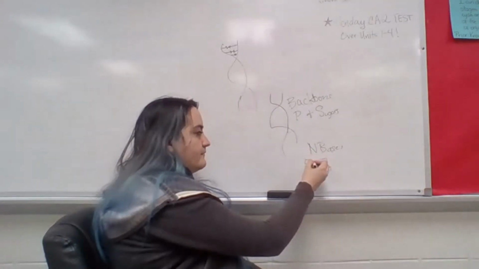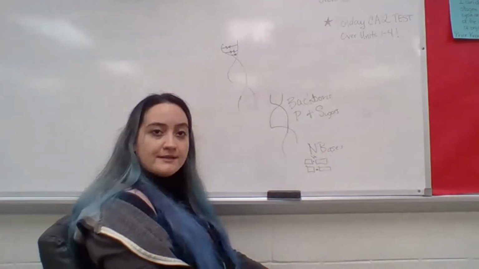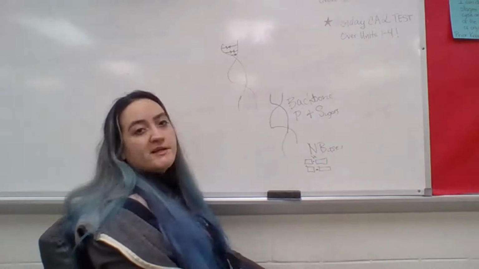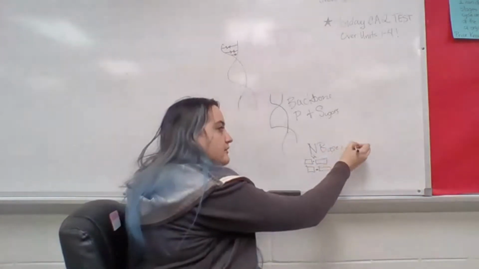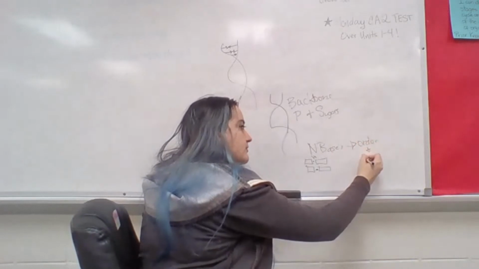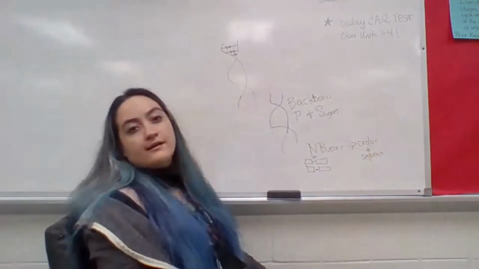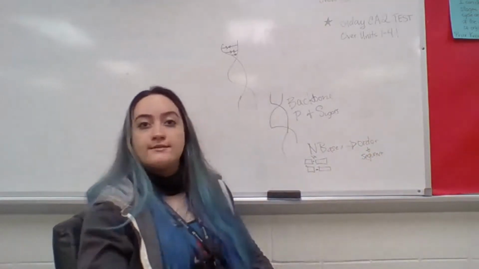Now, these steps in between, we have those hydrogen bonds holding them together, and that is the main structure of DNA. Now remember, the order of the nitrogenous bases, also sometimes called the sequence, that is what's going to tell you your genetic traits, right?